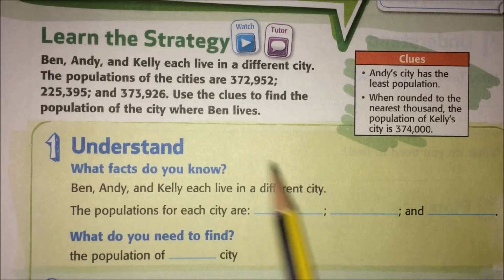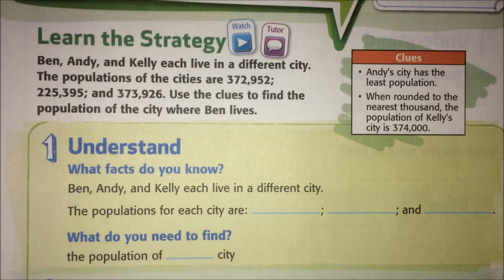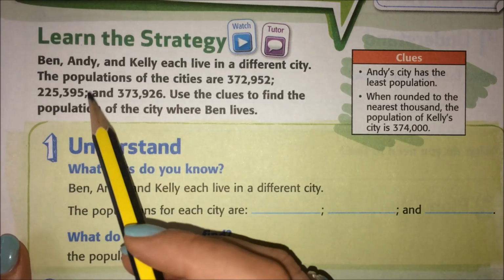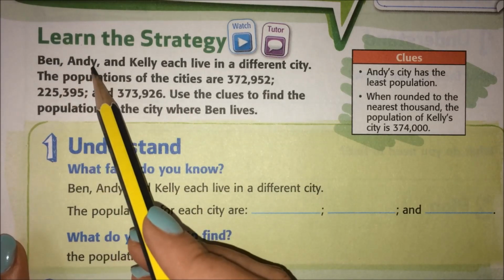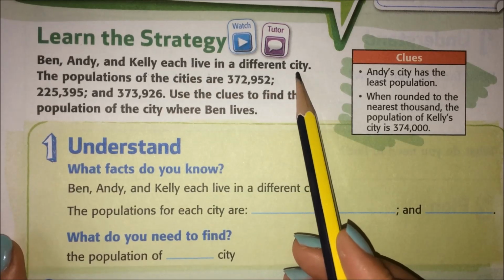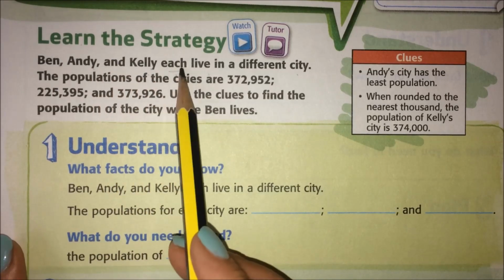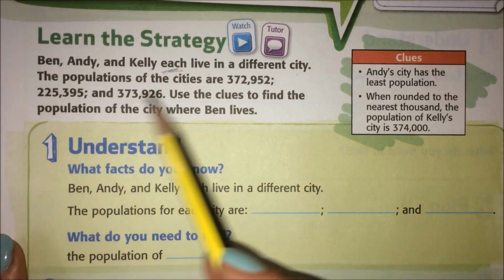Understand. That means, do we understand what the word problem is actually saying? What is it telling us? Ben, Andy, and Kelly each live in a different city. Okay, so right away I'm paying attention to 3 things, and this word each means it's going to be different.